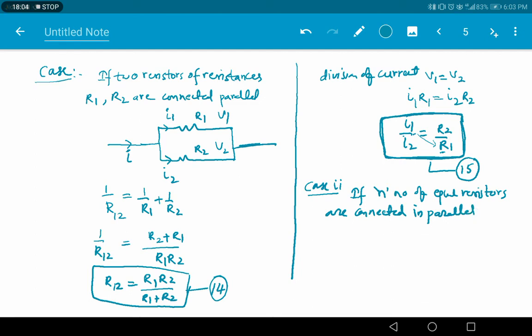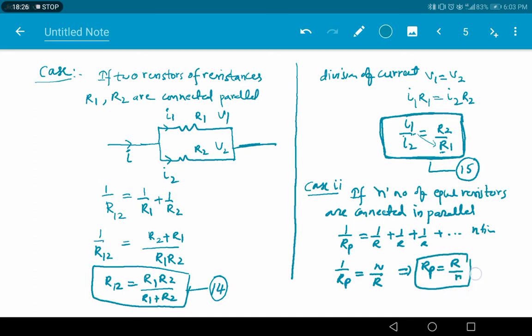Then we get 1 by Rp = 1 by R plus 1 by R plus 1 by R and so on, n times. Therefore 1 by Rp = n by R. Therefore we can rewrite this as Rp = R by n. So this is equation number 16.